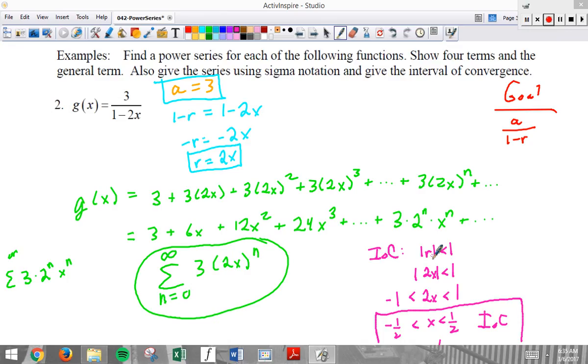This series is this function for all x values between negative 1/2 and positive 1/2, not including them. When x is 1/2, there's a problem. When x is negative 1/2, there's a problem. Do you see what the problem would be if x is 1/2 in here?